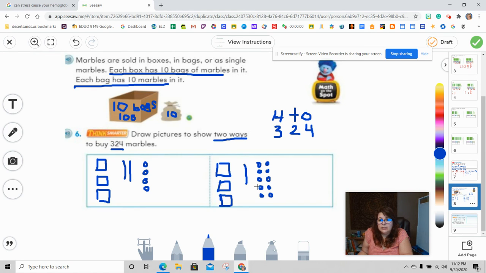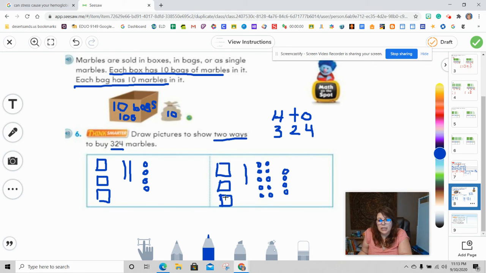So I do have the 2 tens, but they look different. One is a group of 10 and one is a single, but tens. But I also have some singles that do not belong to a group of 10. So I'm going to count 1, 2, 3, 4. So I have to draw those 4 by themselves. Now I already know I have 324 here.